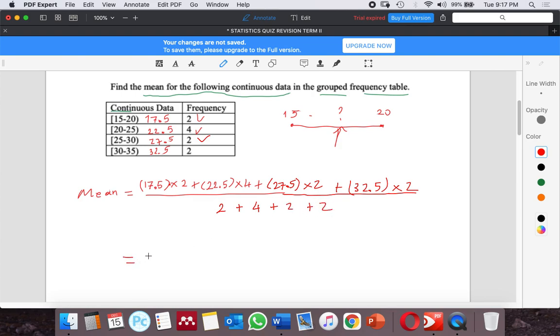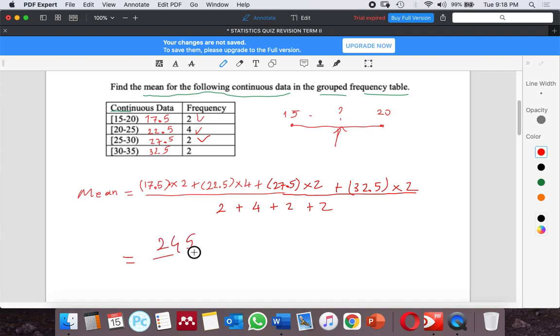Now, if we use the calculator, you can do 17.5 times 2 plus 22.5 times 4 plus 27.5 times 2 plus 32.5 times 2, which equals 245.